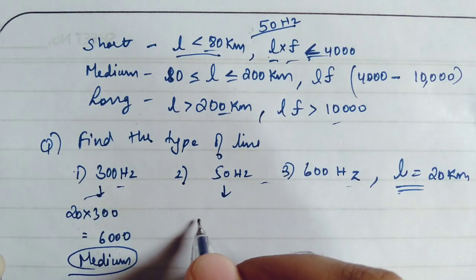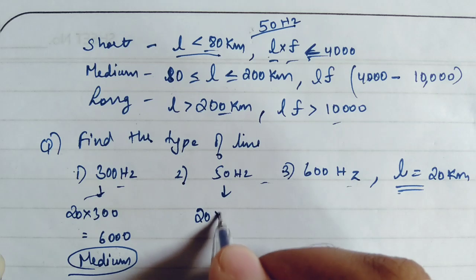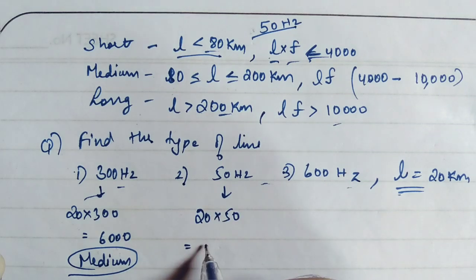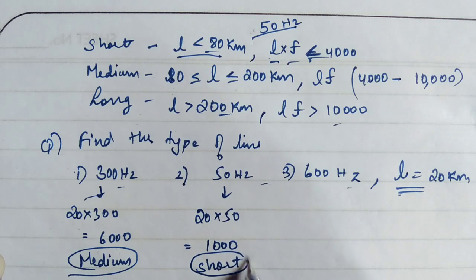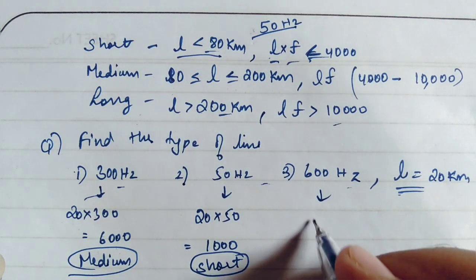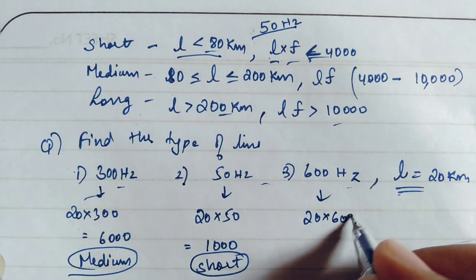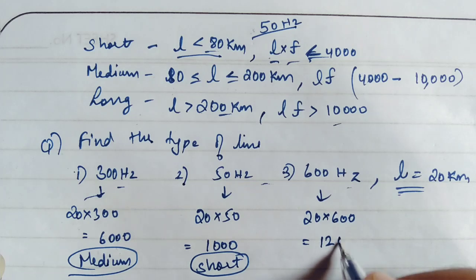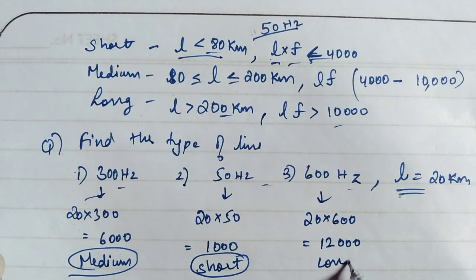And coming to this, 20 into 50, which is 1000, this is short transmission line. And coming to this, 20 into 600, this is 12,000, which is long transmission line. So I hope you understand this topic based on how to classify the lines based on L into F product.